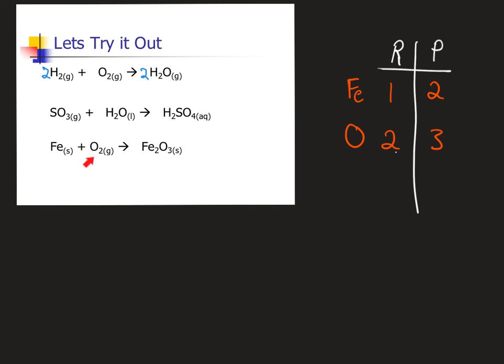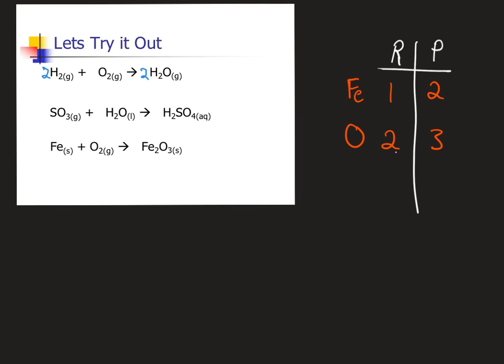So if I balance out my oxygen first, which is, I know, weird, I will have a number in front of here, which will be easily transposed to the iron on the other side. Sometimes there is an easier path. Sometimes there isn't, and you just kind of have to muddle through it.